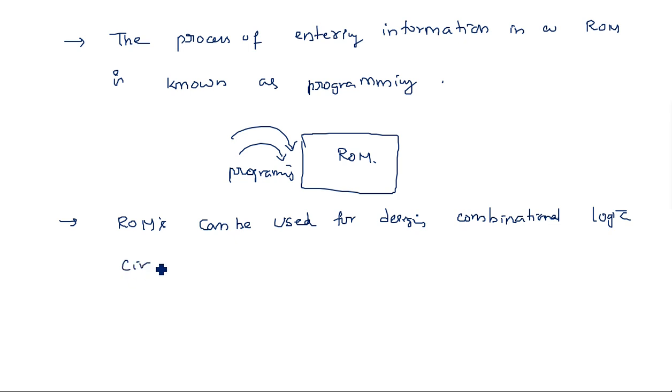In the previous videos, I explained how decoders and multiplexers can be used to design a combinational logic circuit. In a similar way, ROM is a device used to design a combinational logic circuit. Whatever logic function you are going to implement can be implemented with this read-only memory or programmable read-only memory.